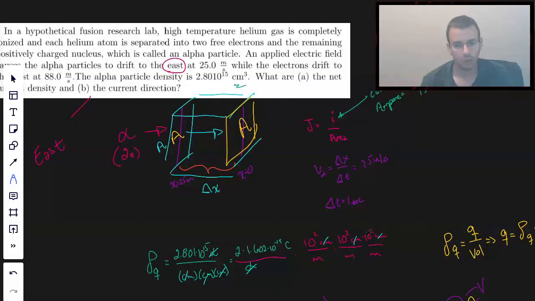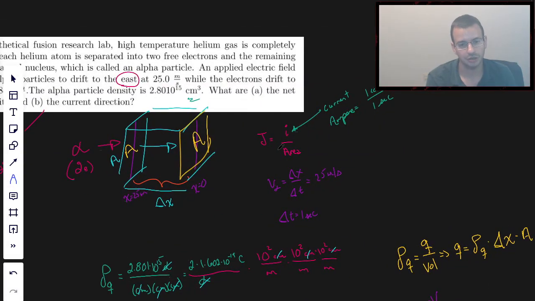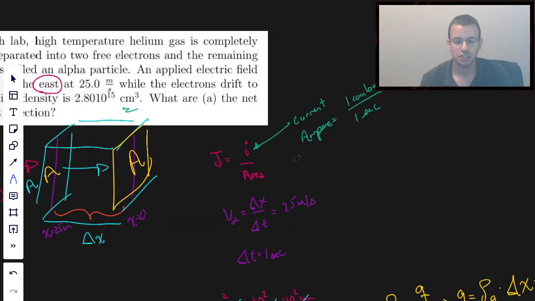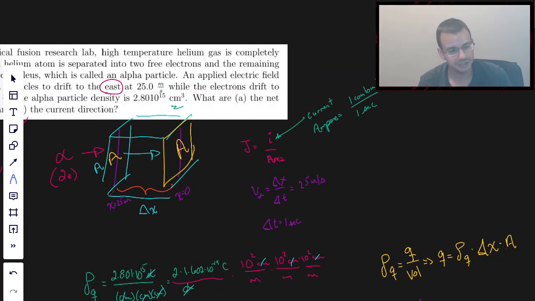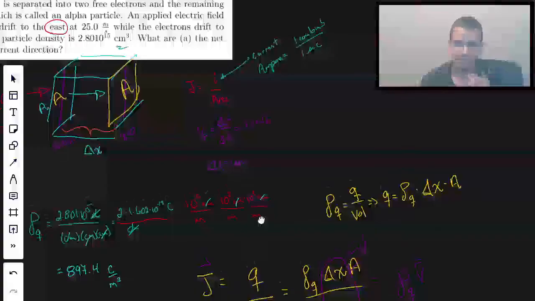Current density is current divided by area. And current can be viewed as charge per second, so coulombs per second specifically. Then we looked at delta x, this shape, the amount of volume that's going to move past this plane in a given period of time, delta t, and so on.